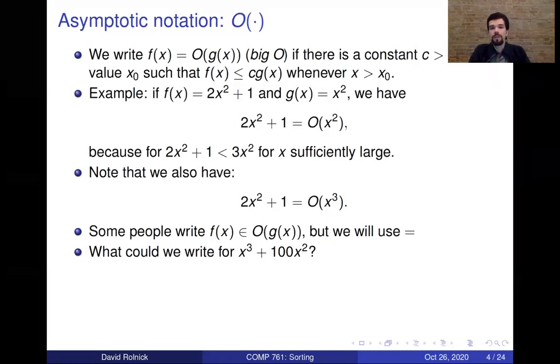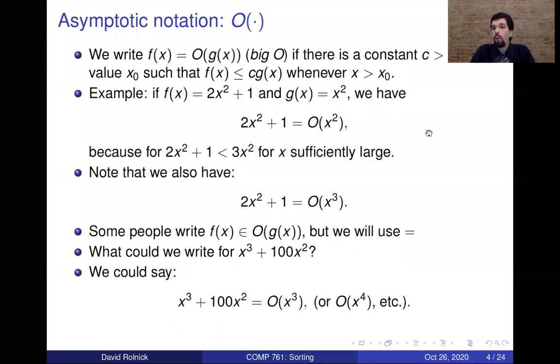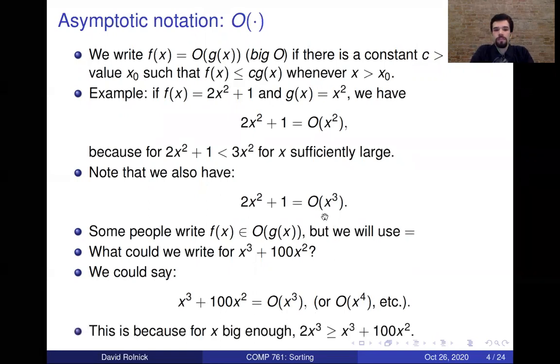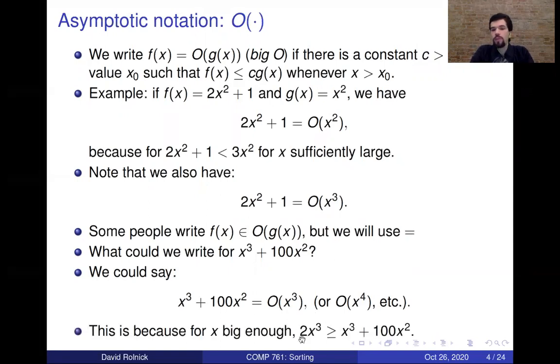What would be some examples of, if that were our f, what could be our g? For example, x cubed, or x to the fourth, or x to the 100, or e to the x, or many other things. And for example, if it were x cubed, you could just choose c to be 2, because 2x cubed is greater than or equal to x cubed plus 100x squared.